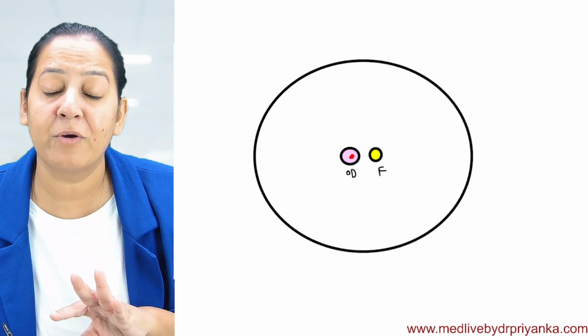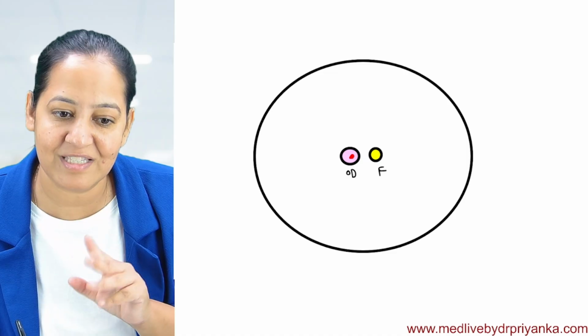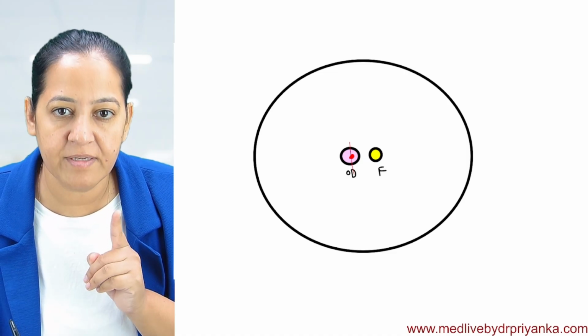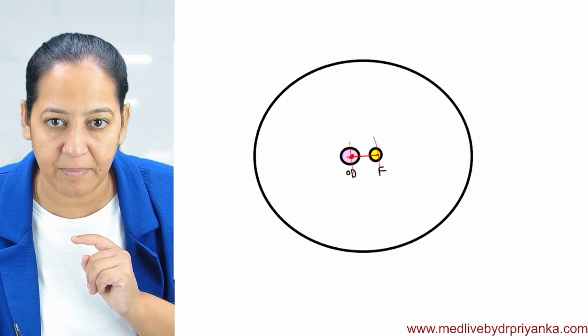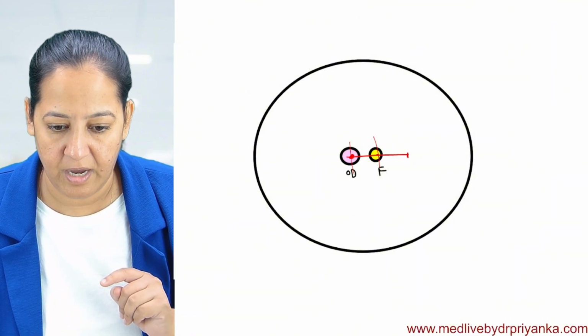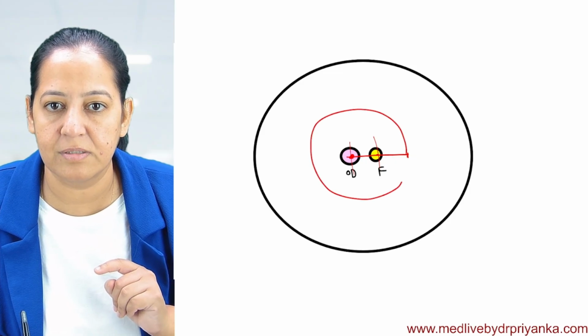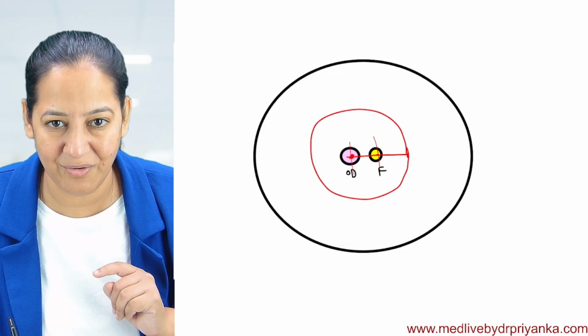For zone 1, the radius is twice the distance between the optic disc and the fovea. I have doubled this distance and make a circle over here. So this is zone 1.